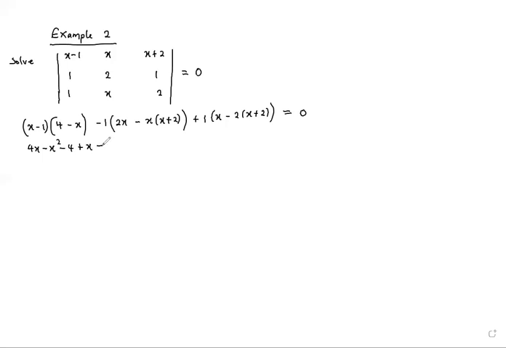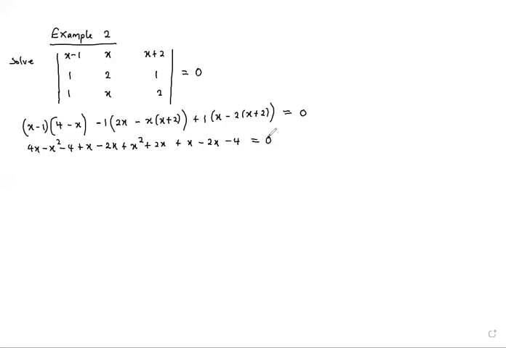And then minus 2x plus x squared plus 2x. I'm multiplying this negative by this negative to have the plus, and then x by x, x squared, x by 2, 2x. And then plus x minus 2x minus 4 is equal to 0.